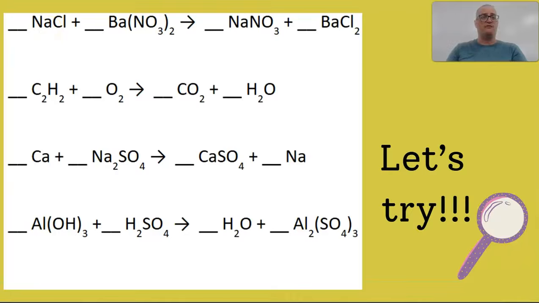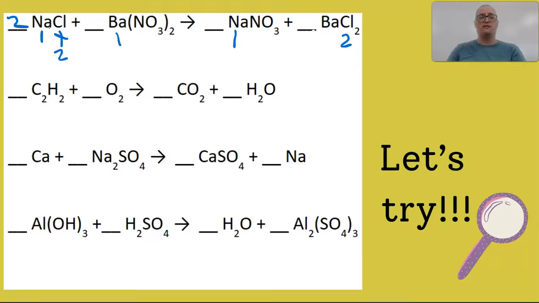I have 1 sodium because there's no subscript written. I move on to chlorine. I've currently got 1. Over here, I have 2. So in order for those to be balanced, I need to put a 2 here. So this will give me 2 chlorine. All right, I know my sodium's not done. I'm just going to continue on.